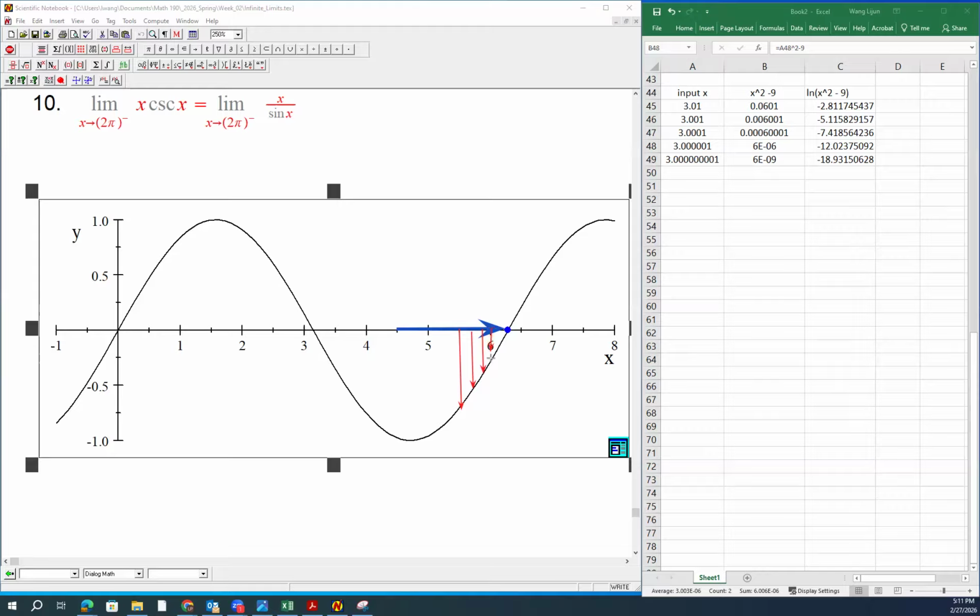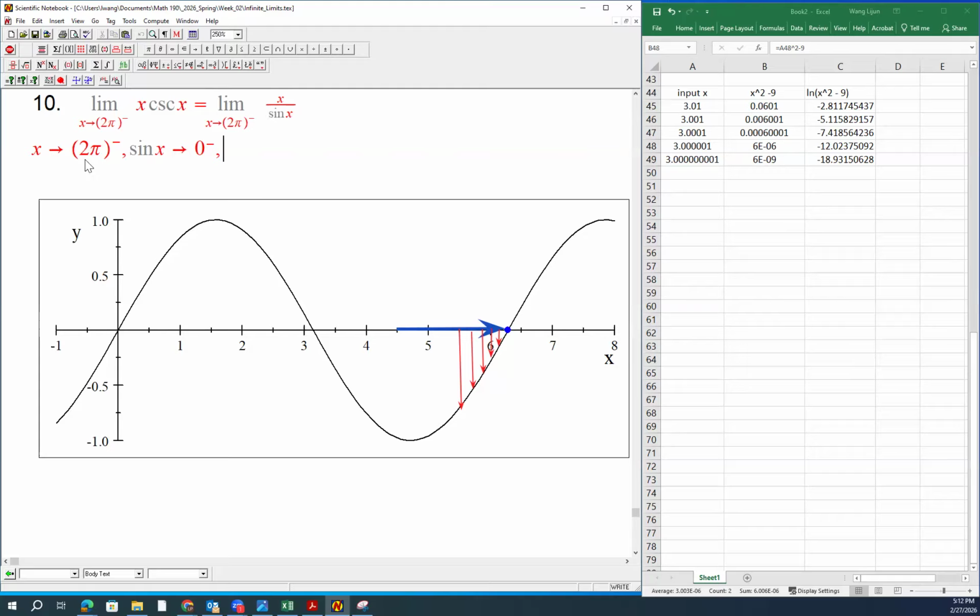You can see all these red points getting closer and closer to 0, but smaller than 0. To summarize, when x approaches 2 pi from smaller than 2 pi, sine x is approaching 0 from smaller than 0. So the denominator is approaching 0 from smaller than 0.